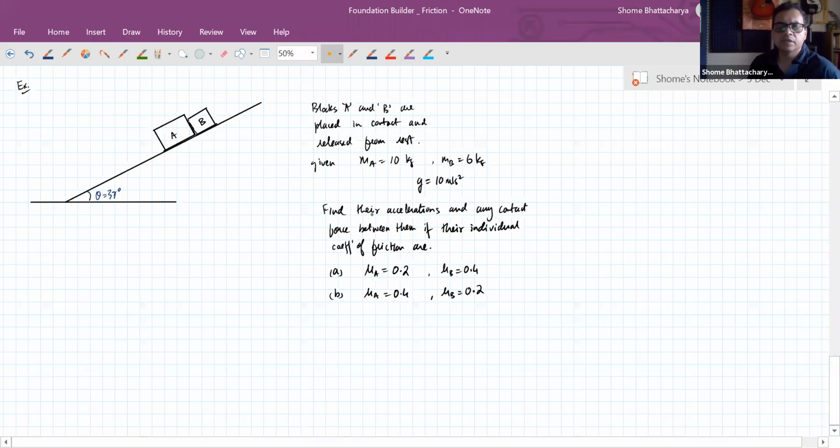Depending on the coefficient of friction, either A accelerates faster than B, so they lose contact, or B is pushing against A because it has a tendency to accelerate faster, and in that case they remain in contact and move together. So one of the two possibilities is there. You have to understand from the given coefficients of friction which of the two possibilities is occurring and therefore how to solve.